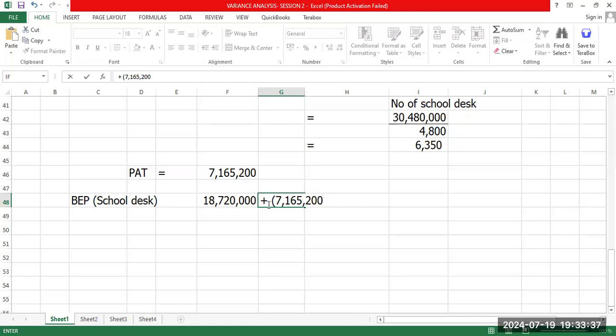Then we divide it by 1 minus 0.3, because that T stands for tax rate, so it is 0.3. And what do you get?